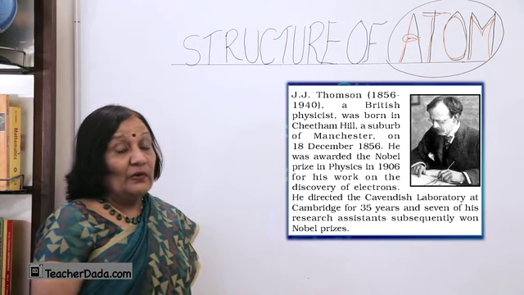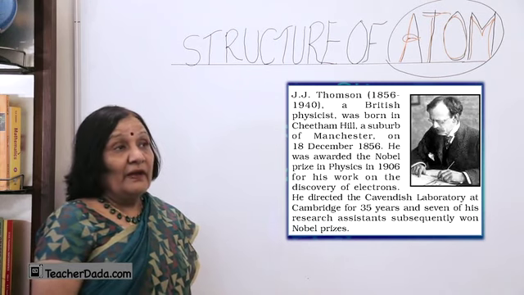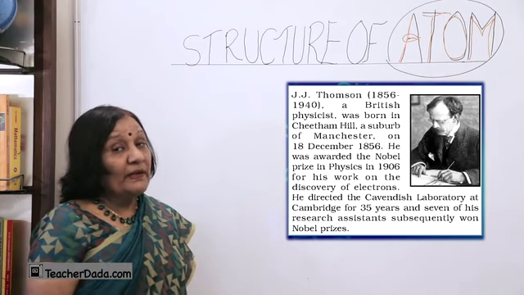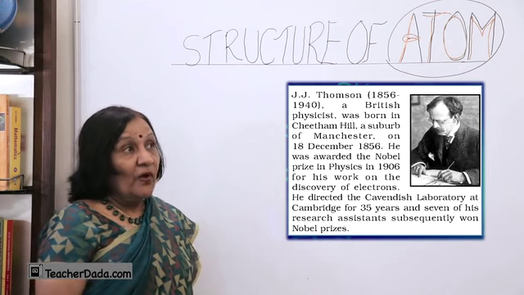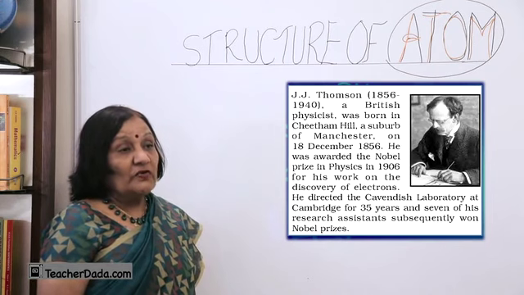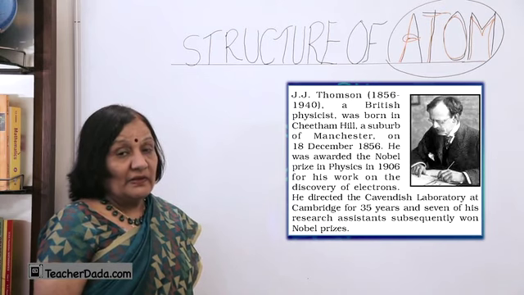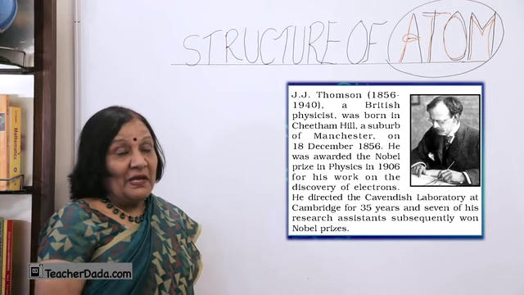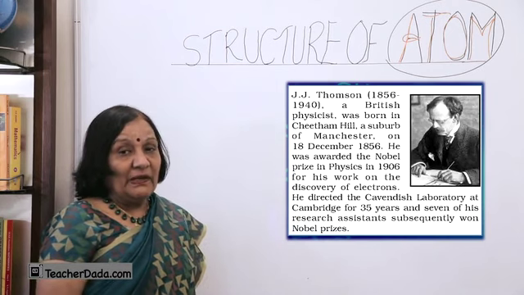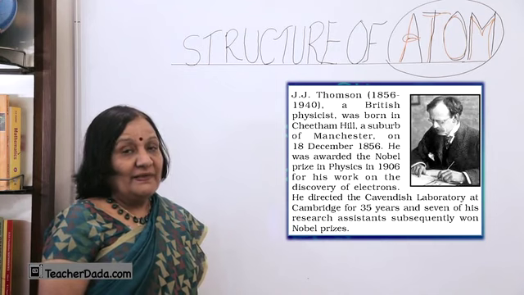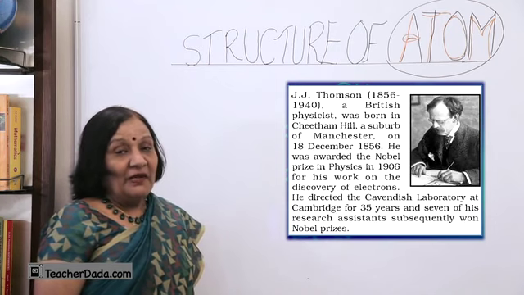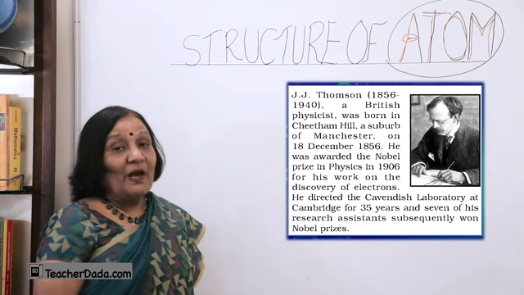And I want to tell you that there were 7 research scholars, his students, who got the Nobel Prize for the research which took place under his supervision. So, he was a great scientist. We should always try to respect these people who have sacrificed their whole life in the discovery of different scientific concepts.